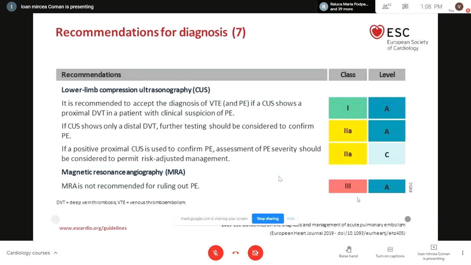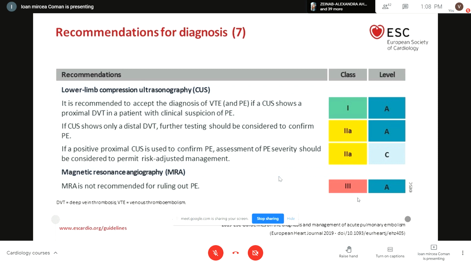What other non-invasive measurements could be done? In 90% of the cases, the clot which is obstructing the pulmonary vessels is coming from a deep vein thrombosis of the inferior limbs.